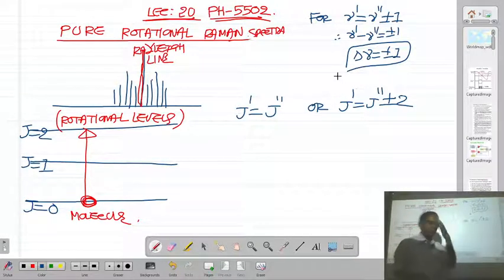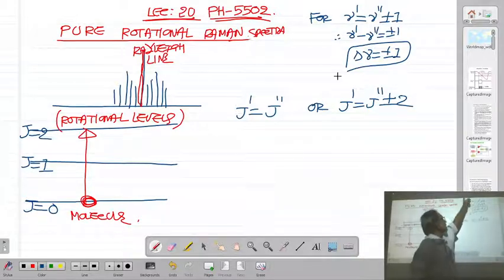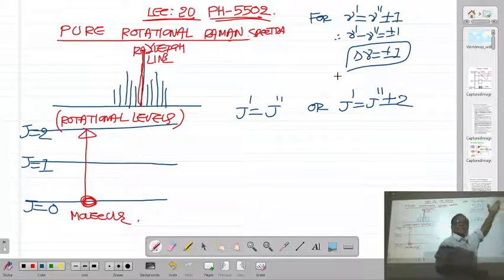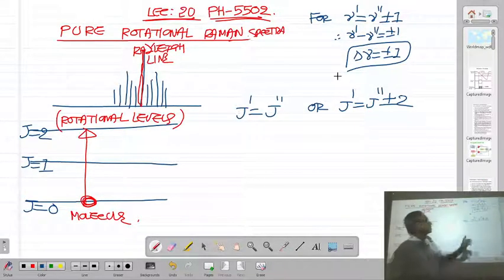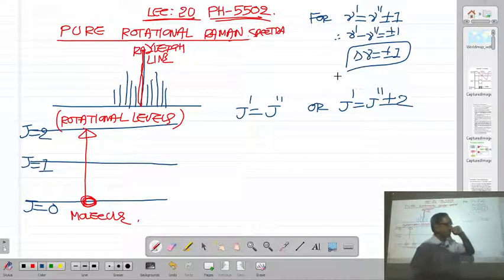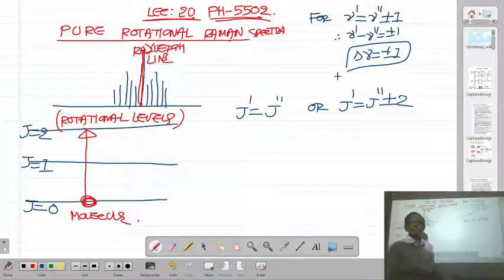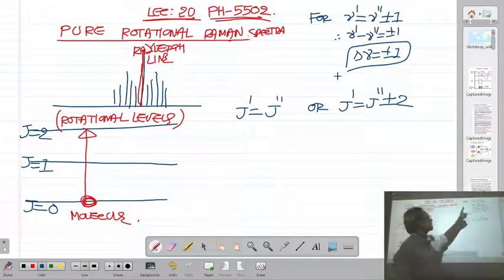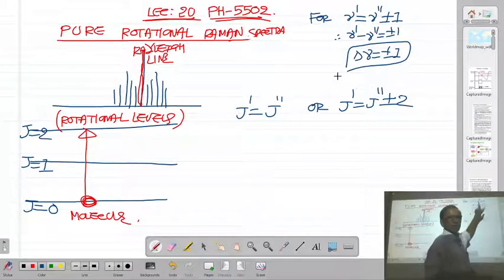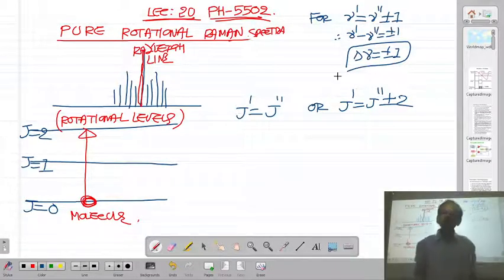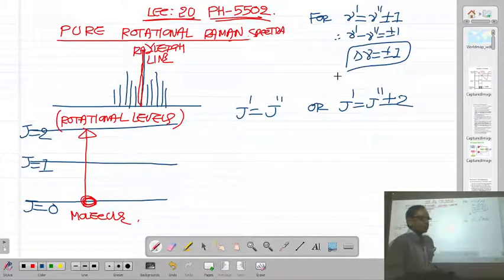I have given each and every step; you can verify that we have calculated the matrix element of the dipole moment in case of vibrational Raman spectra. The matrix element of the scattered dipole moment is not equal to 0 when mu' is mu'' plus or minus 1. Therefore, mu' minus mu'' is plus or minus 1, so delta mu equal to plus or minus 1 becomes the selection rule for vibrational transitions.